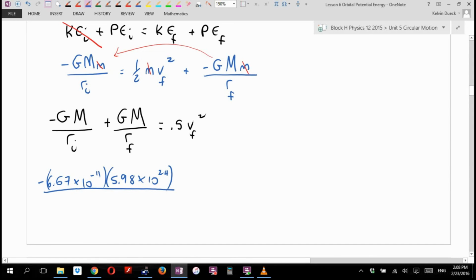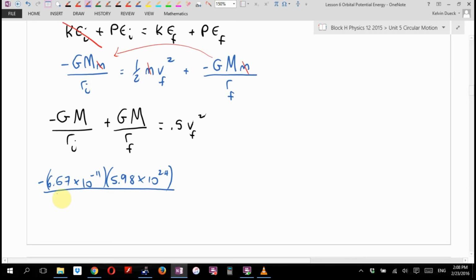What's the initial radius that we're at? Read the question. Did they tell me the initial radius that we're at? What did they tell me, Clay? In what units?